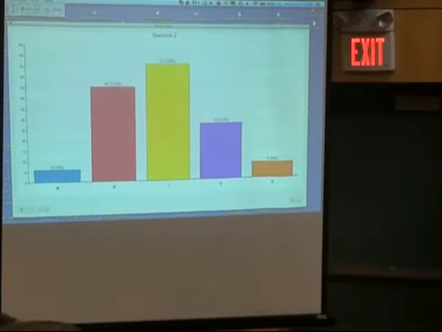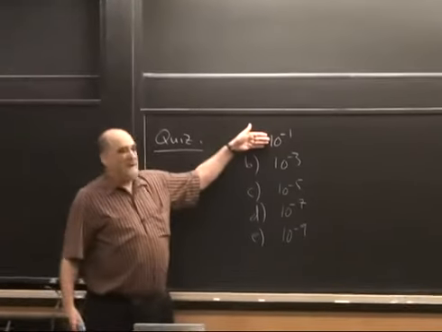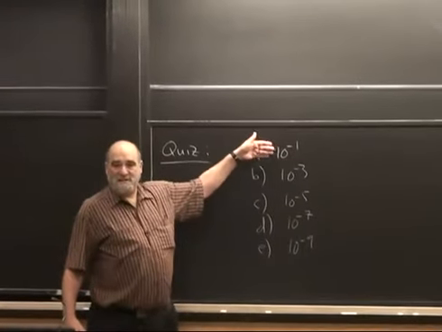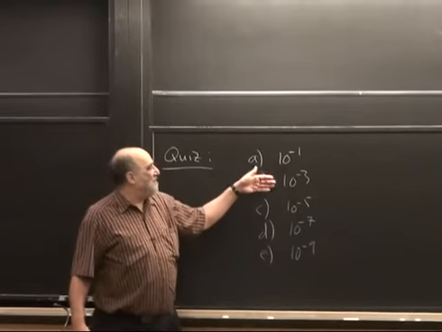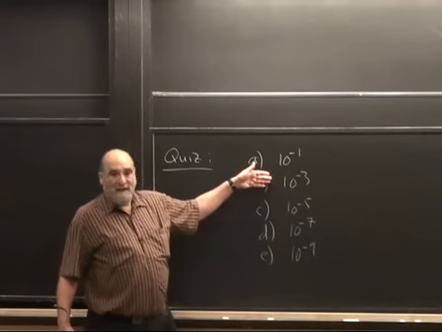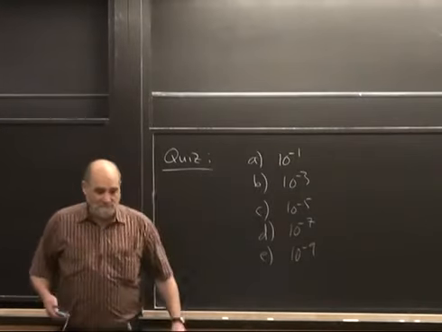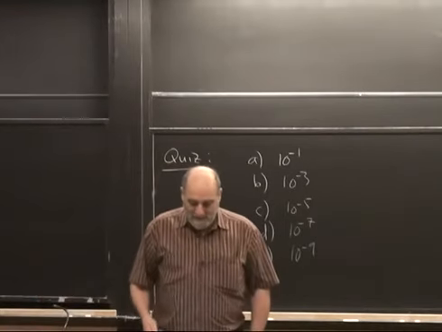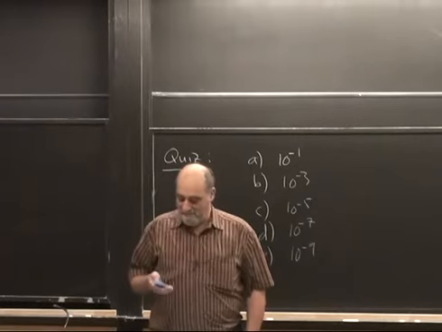Material properties are only known this much if you're very lucky, this much if you're dealing with things like coefficient of friction, drag coefficients, coefficients of restitution, things like this. The only time you get accuracy like this is for, say, elastic modulus. Not for yield stress. Yield stress and so on, you're down over here again. Okay, so A and maybe B are the right answers, but definitely not C, D, or E.